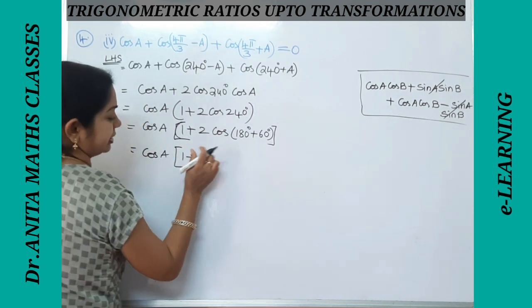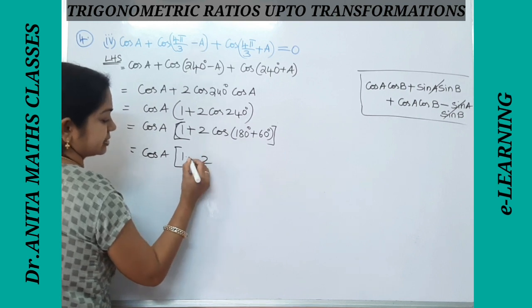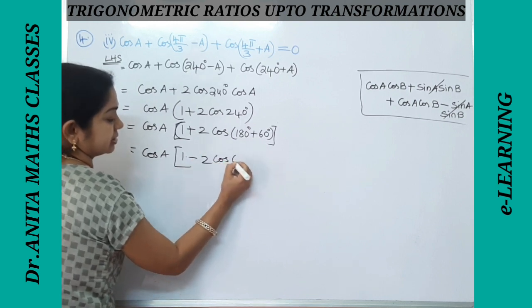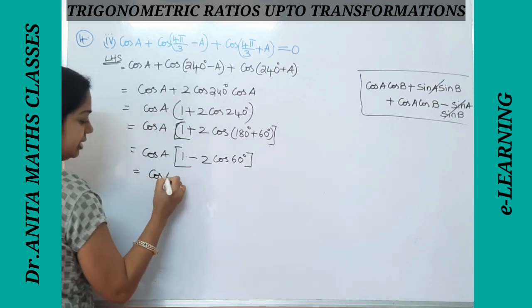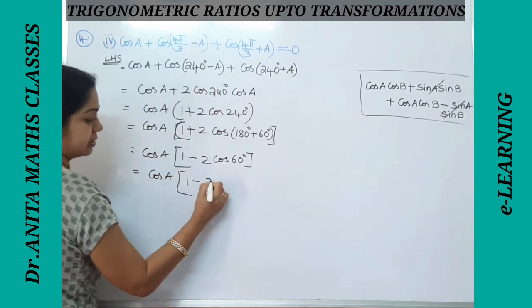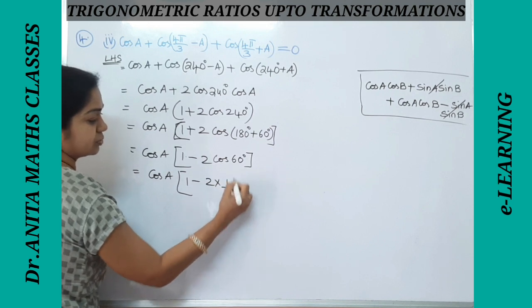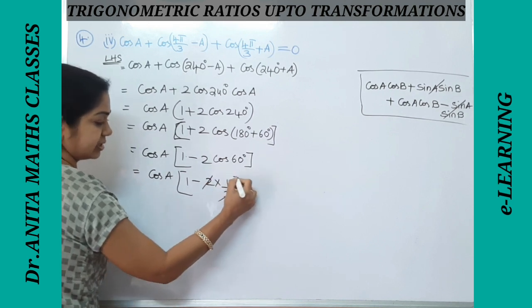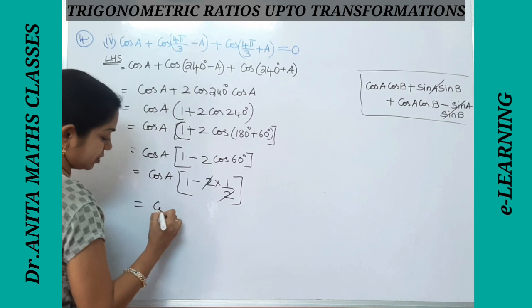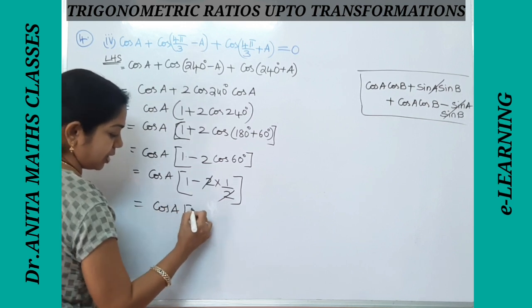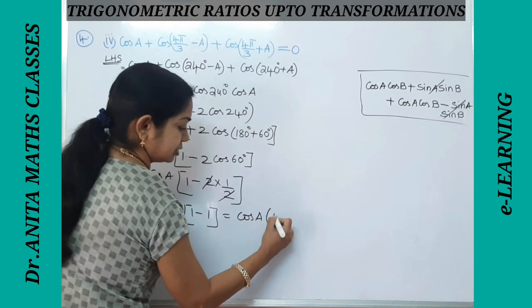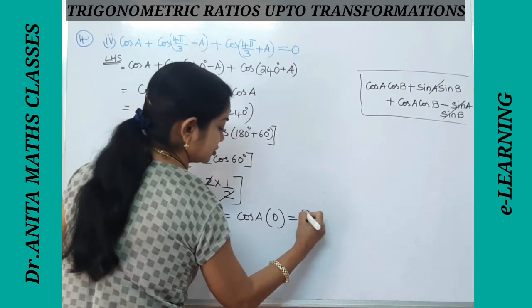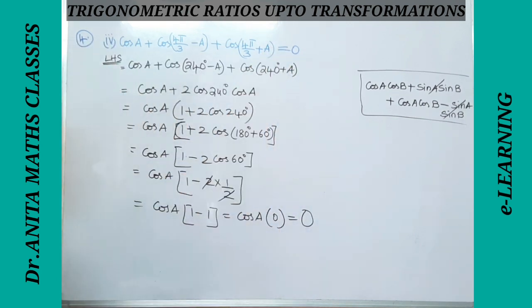So we can keep it as minus cos 60 degrees. So that means cos A into 1 minus 2 into 1 by 2, since cos 60 is 1 by 2. You can cancel off the half. So that is cos A into 1 minus 1, that is cos A into 0. So that comes to 0. 0 into anything is 0. That is the RHS part.